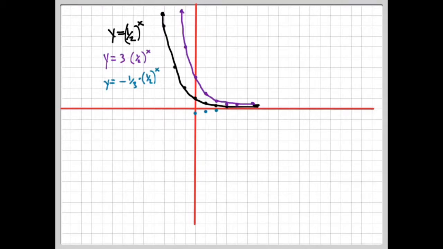As we go to the left, we're dividing by 1/2, or multiplying by 2, taking us from -1/3 to -2/3 to -1 1/3 to -2 2/3 to -5 1/3, and so on. So you see, this graph would be a vertical shrink because our a got smaller, but it's also a reflection over the x-axis, which is what has us below the x-axis now. So that's basically how we apply the stretches and reflections for our functions.